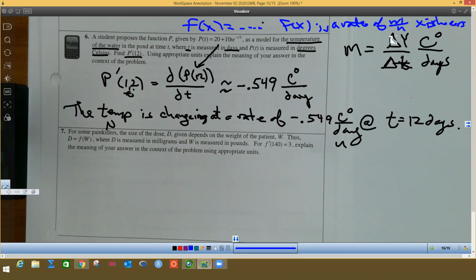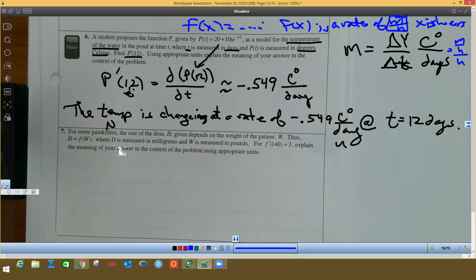So f of x is already a fraction, the y part is already in miles per hour, and the x part is hours again. That would be when they give you already a rate, and you're doing the derivative of a given rate. Does that make sense? Everybody follow what happened there?